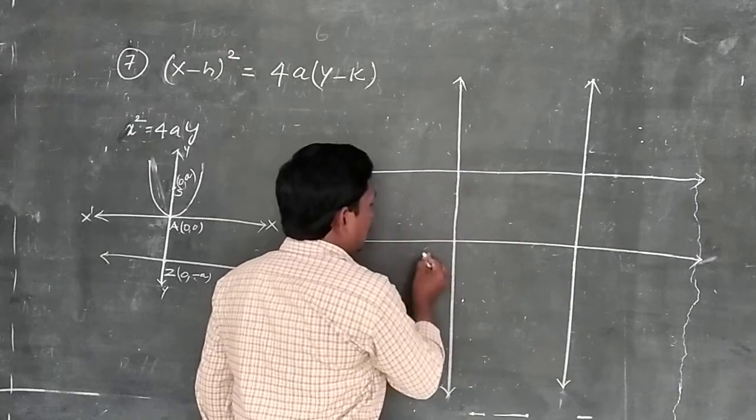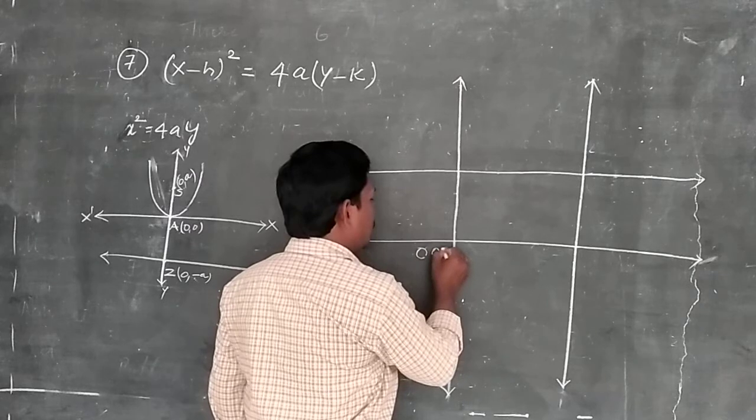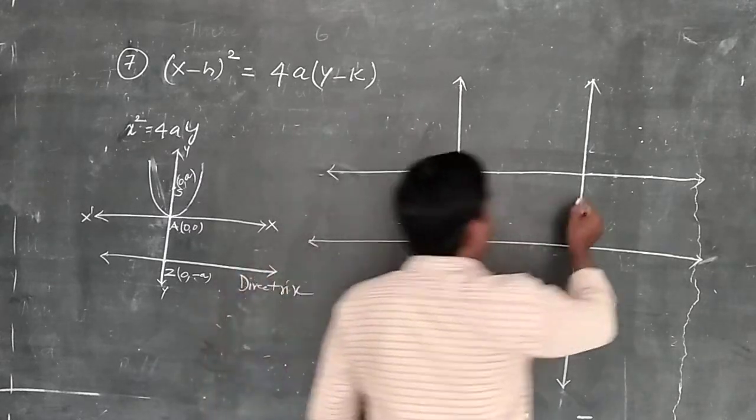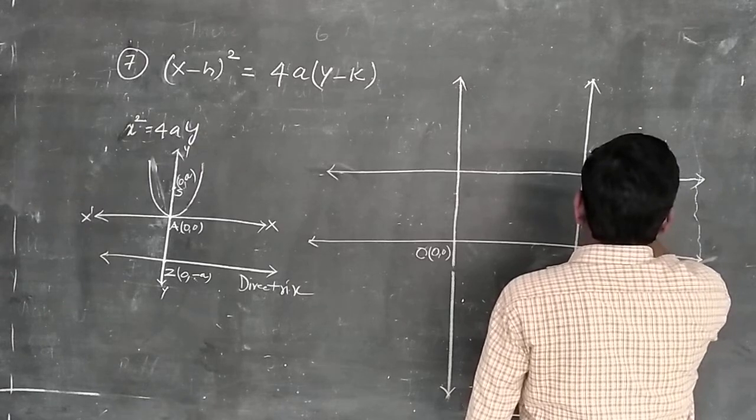Now, here the origin O (0, 0) is shifted to (h, k).